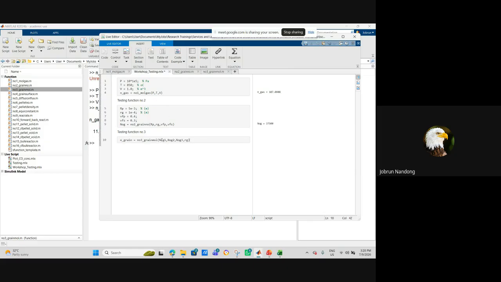So notice that we need a few inputs there. We haven't got these inputs yet. RG is already here, so we can use this RG, but NOG1, NOG2, we haven't got yet. The only thing we have is the total number of grains inside the panel.